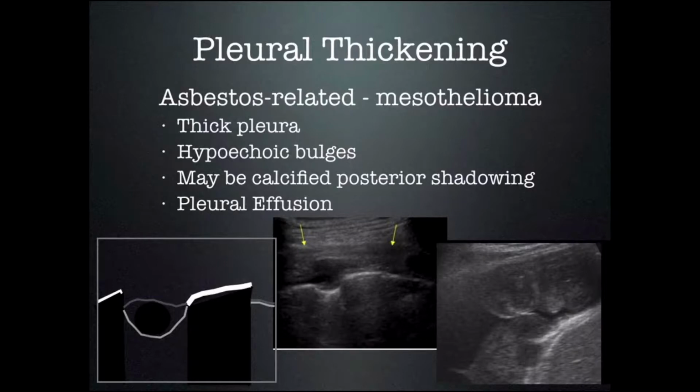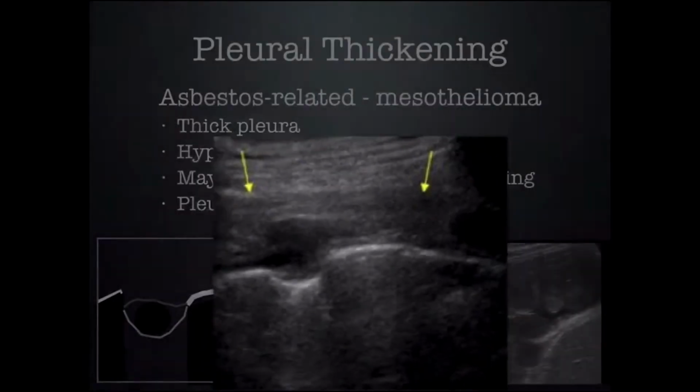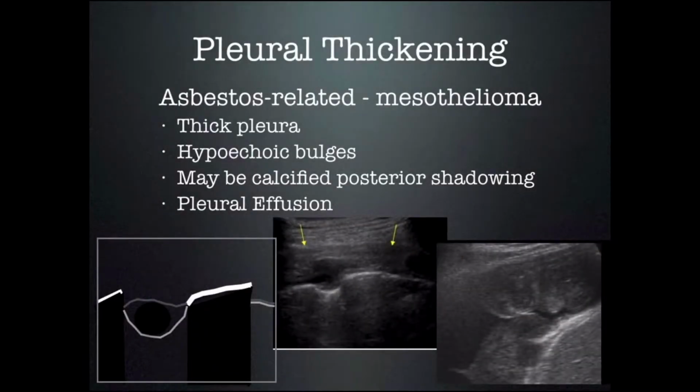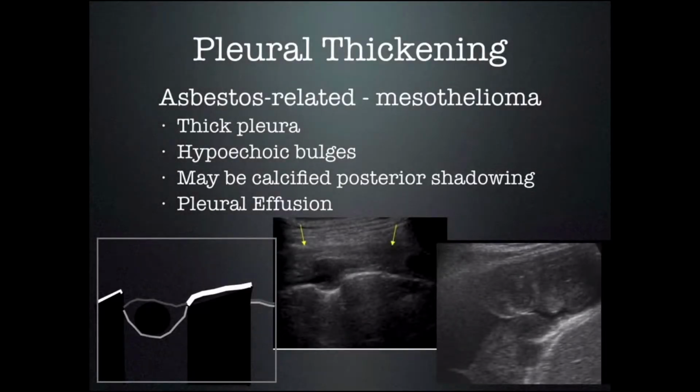An example to help demonstrate this is mesothelioma. This is an asbestos-related abnormality, and we can see in the ultrasound image that the pleura is very thick. We can see that it is still going underneath the ribs, so it is the visceral pleura that is thickened. We can also see these hyperechoic bulges in the pleura that help us to see the pleura itself.